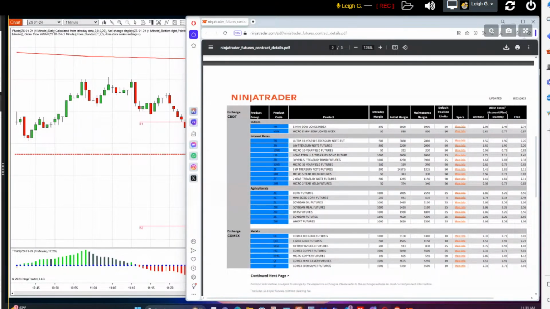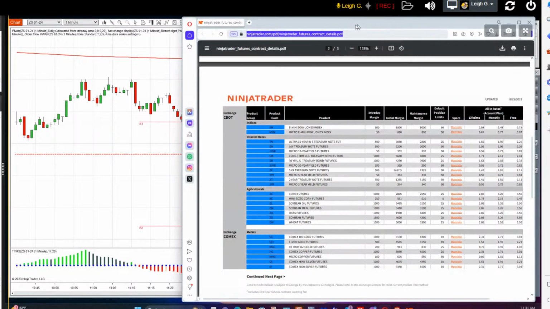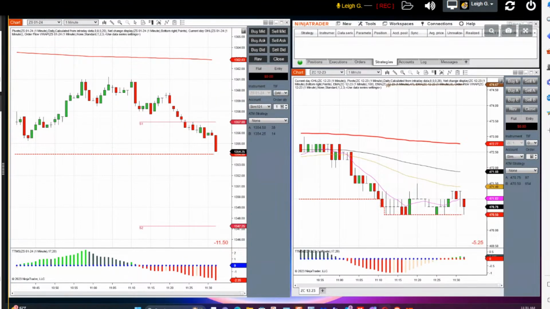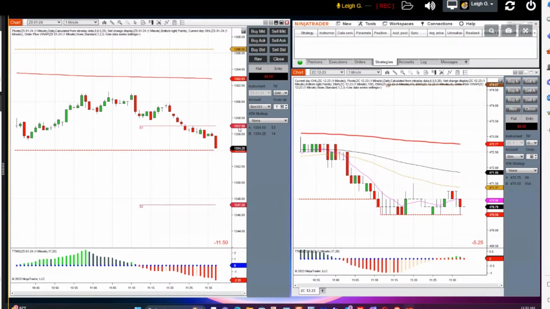The key with margin is you have to have enough money, obviously, to trade different instruments. The instruments we're trading today: $1,000 for corn, soybeans $1,500 per contract, and we have to double our contracts per trade, per breakout. I will explain that.